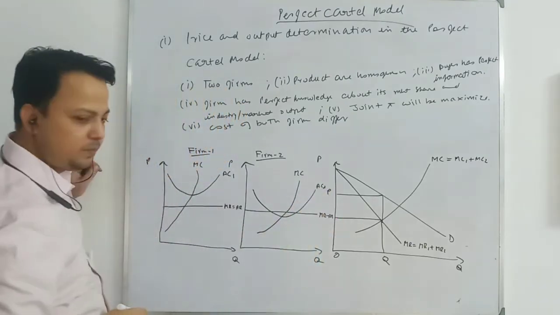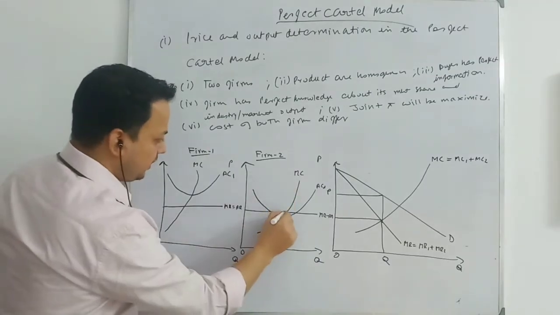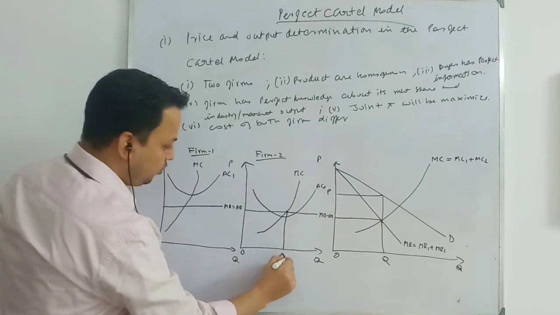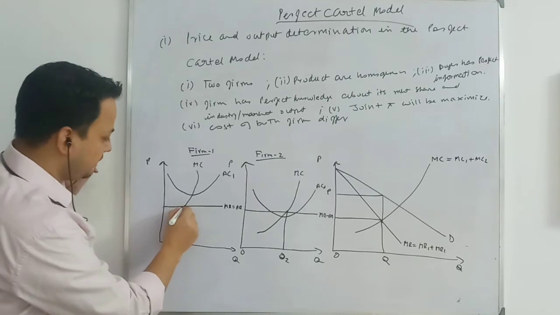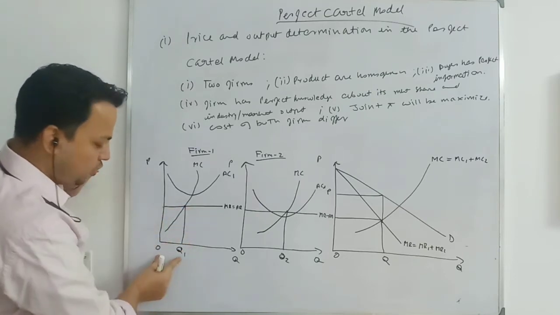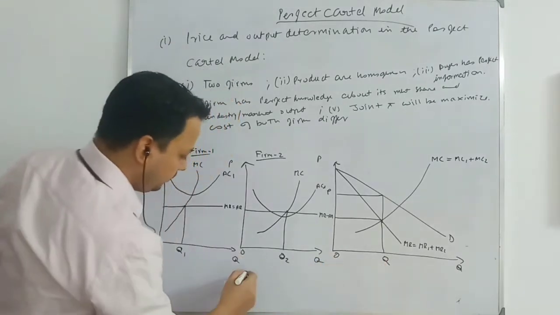What is the profit maximization output produced by firm 2? It will be given by the MR equal to MC condition, so it will produce OQ2 output. Similarly, firm 1 produces OQ1 output, and the total industry output is OQ.